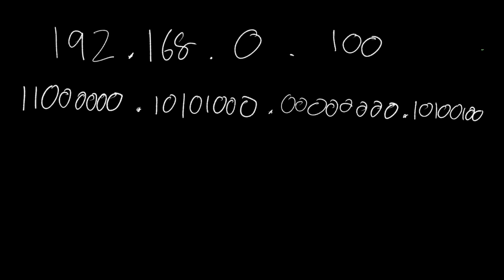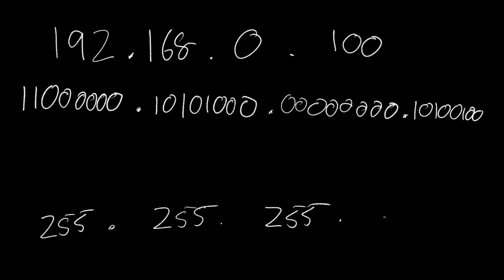Now we also set a subnet mask, if you remember, and it was 255.255.255.0, and we'll write that in binary as well, which is obviously pretty easy.